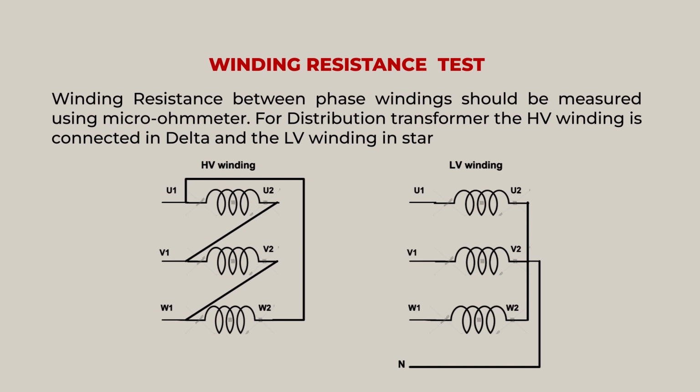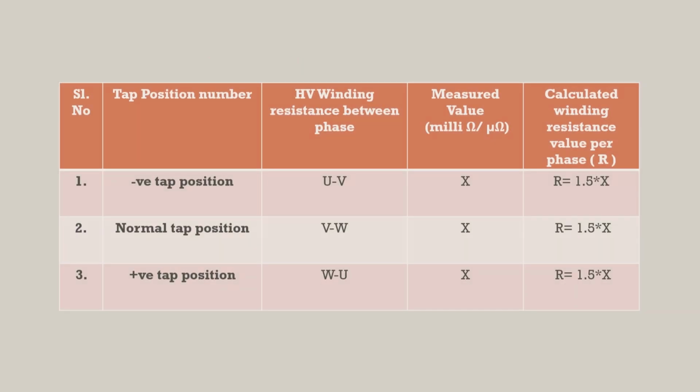Here also you have to perform the winding resistance test for different tap positions, that is U to V, V to W and then W to U, starting from the negative tap positions followed by the normal tap position and the positive tap positions. Similarly, my winding on the high voltage side is connected in delta.